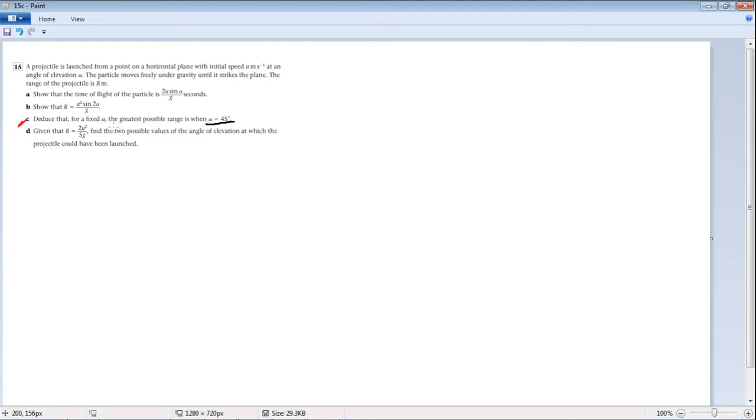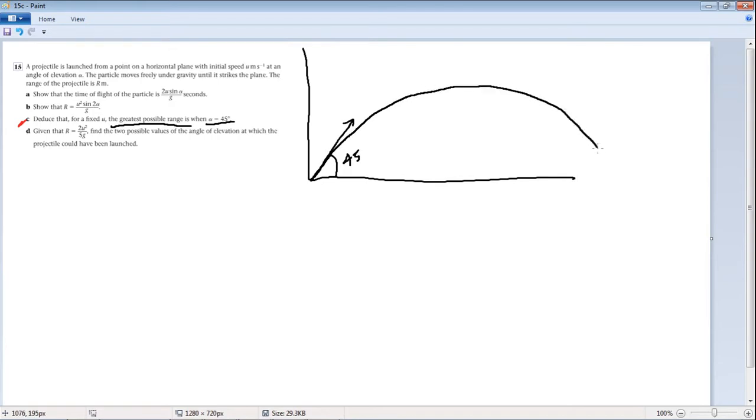More specifically, why alpha should be 45 degrees for the greatest possible range. It means that if I shoot a projectile at 45 degrees, it will go the greatest possible range.